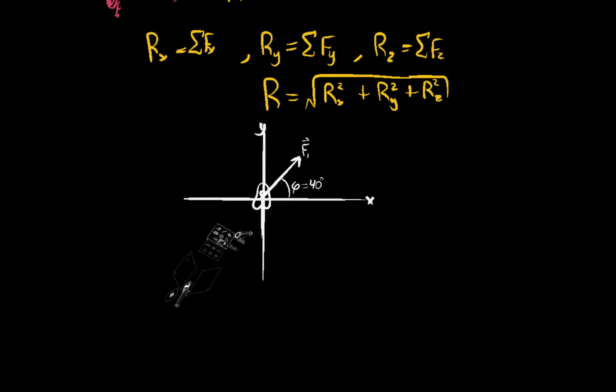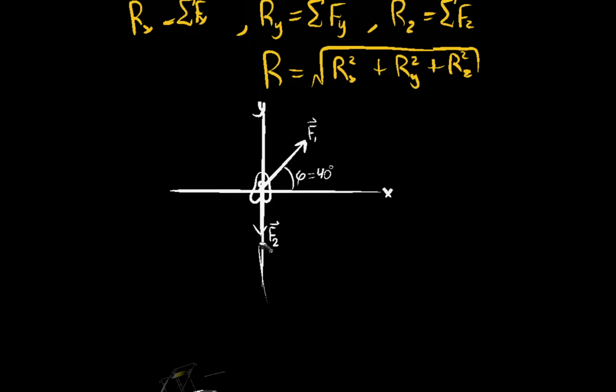I should probably draw these vectors a different color because it's overlapping, but you'll be able to see with the arrows. This is F2. And then you have a third that is exerting it this way, directly along the x. And this is F3. All right.